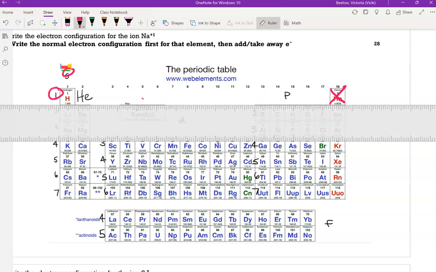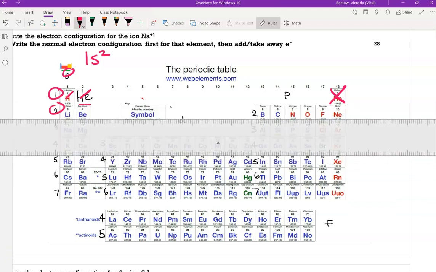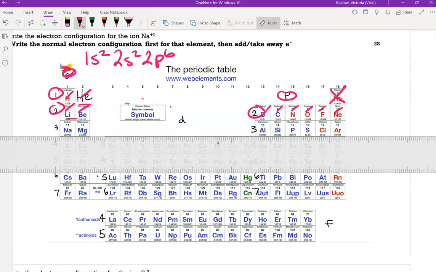So we have 1s2, 2s2, 2p6, and then 3s, and sodium is right here, so we would have a 1.